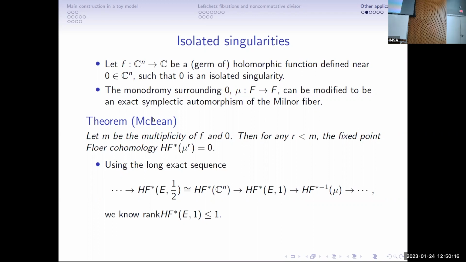So in this long exact sequence, we have the cohomology of C^n, the Floer cohomology of this kind of rotation Hamiltonian, and the Floer cohomology of the monodromy. And because we know that the Floer cohomology of the monodromy vanishes, we actually have an isomorphism from the cohomology of C^n to the Floer cohomology of the Hamiltonian.